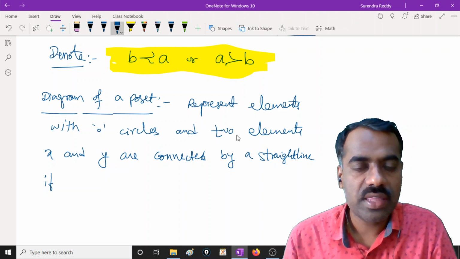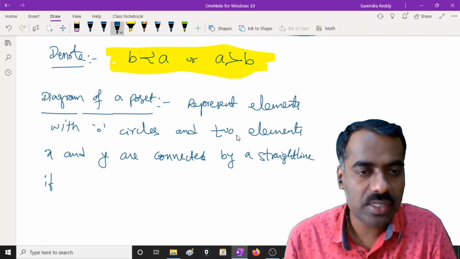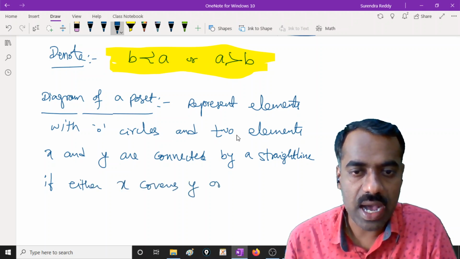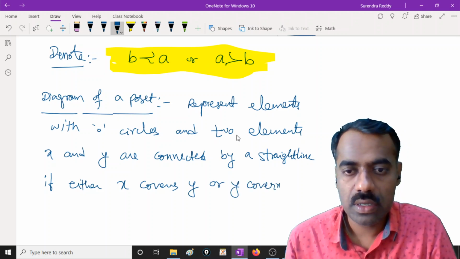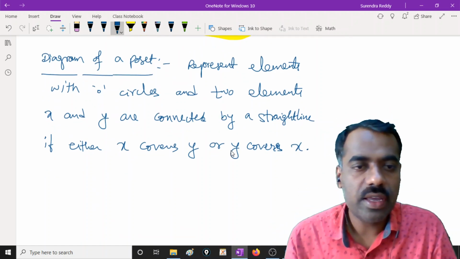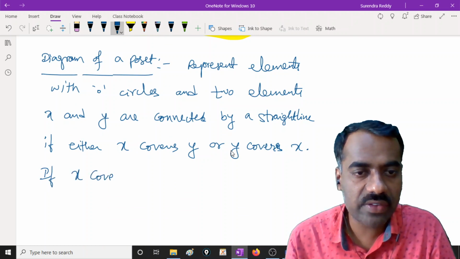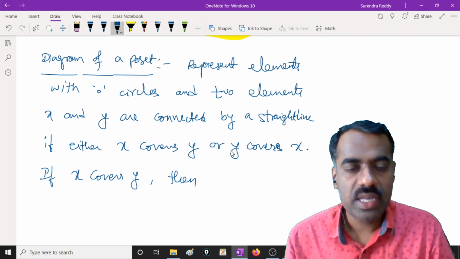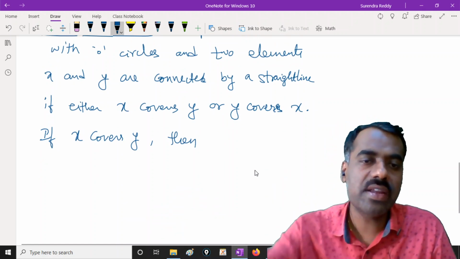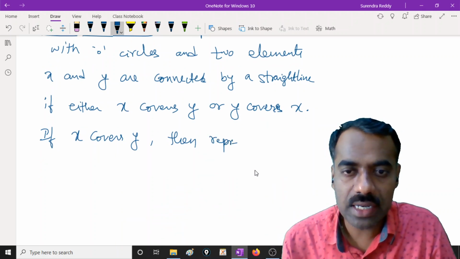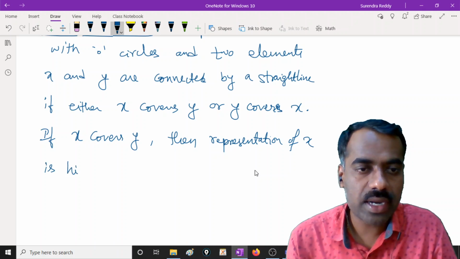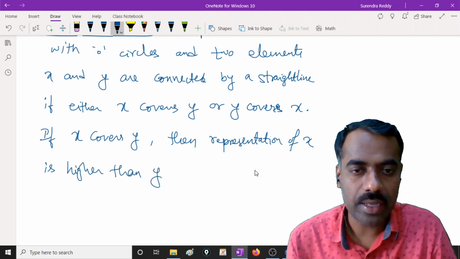if one covers the other, if either X covers Y or Y covers X. But if X covers Y, then whatever circle we are representing, the representation of X should be higher, above Y. Then the representation of X is higher than Y. Okay.